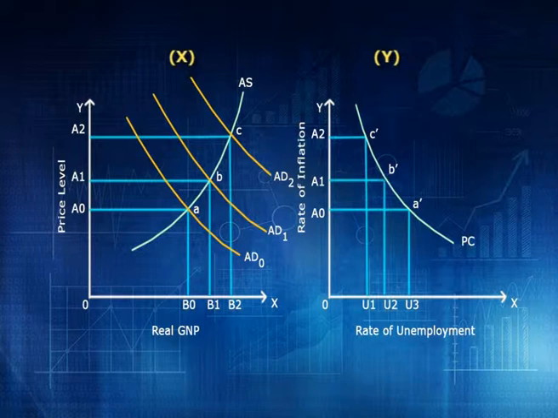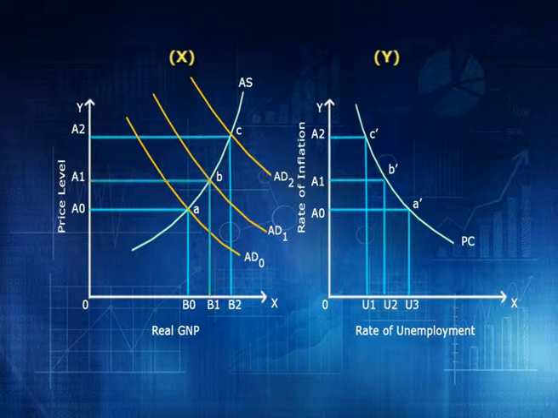Now, when the price level increases from A0 to A1 in figure X following the increase in aggregate demand, greater than the rate of rise in the price level of the previous period, a lower rate of unemployment U2 is obtained with a still higher rate of inflation, say A2.